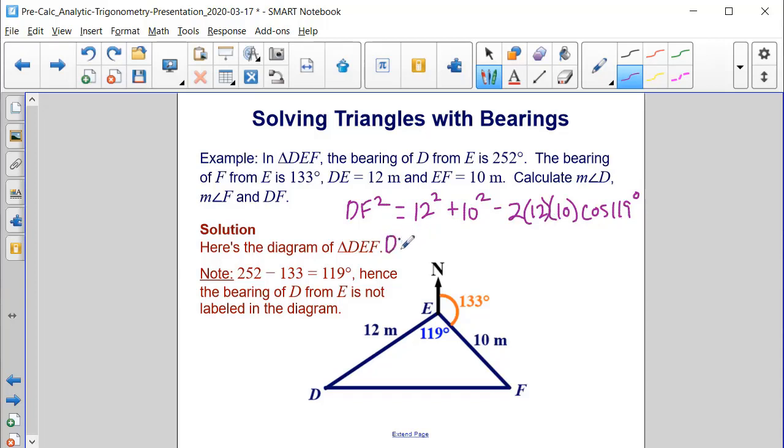So DF is equal to the square root of 12 squared, which is 144, plus 10 squared, which is 100, minus 2 times 12 times 10, which is 240, times the cosine of 119 degrees.